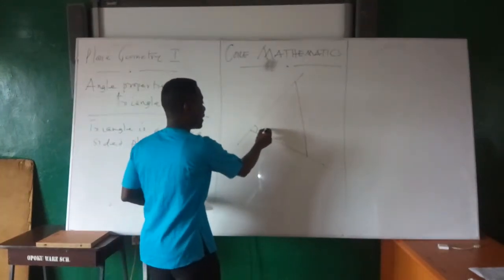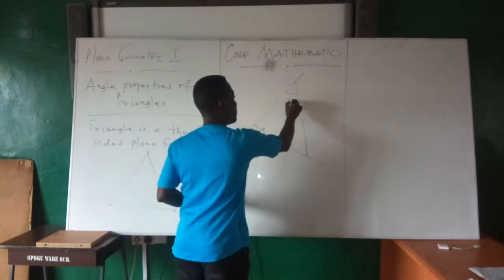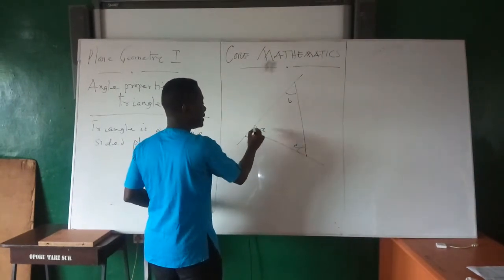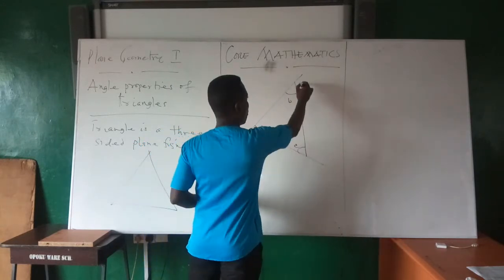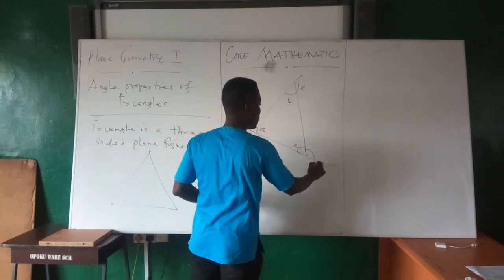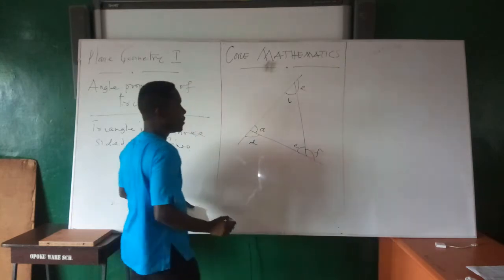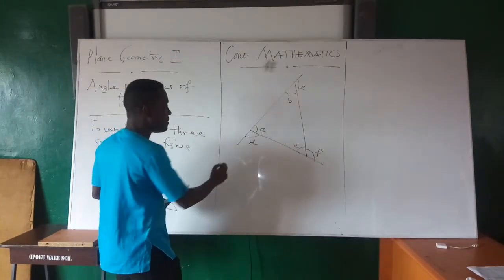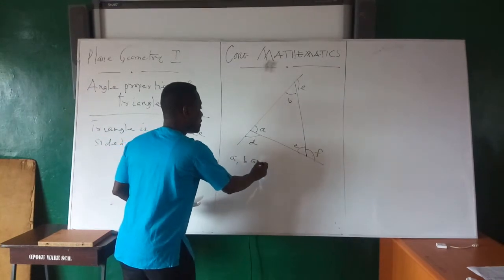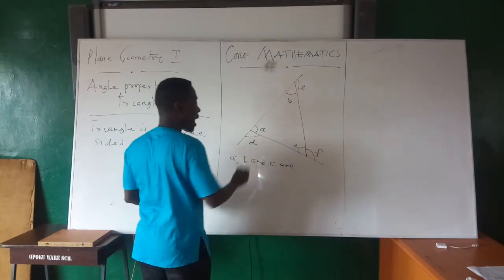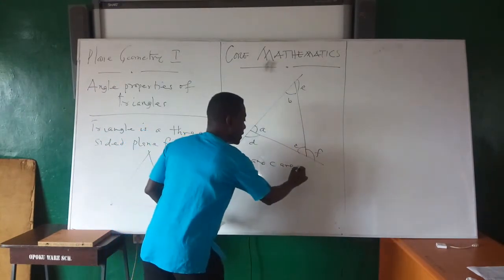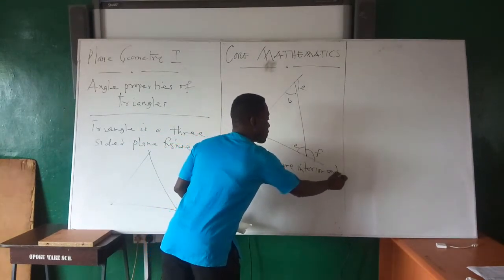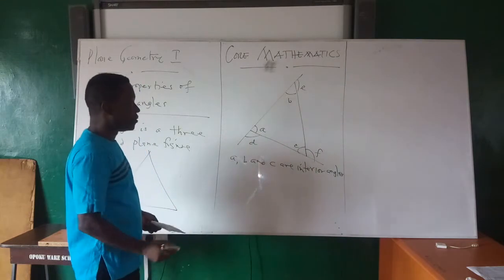If I call this angle A, call this one B, call this one C, call this one D, call this one E, and call this one F. Now, the angles A, B, and C are what we call the interior angles.